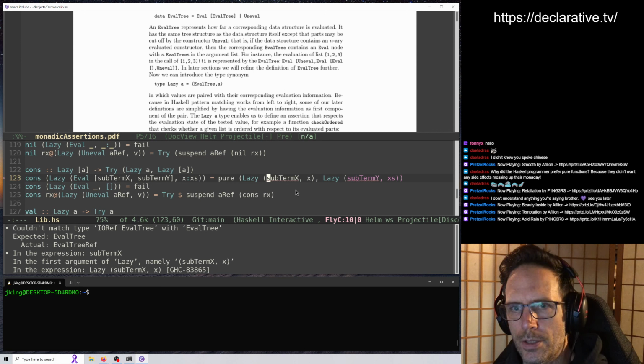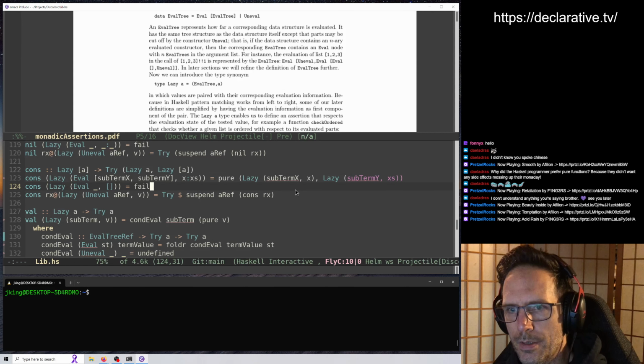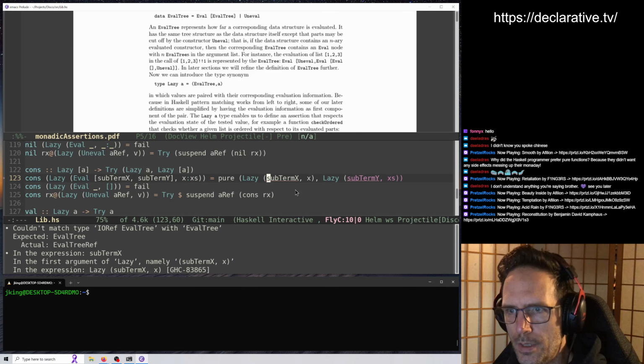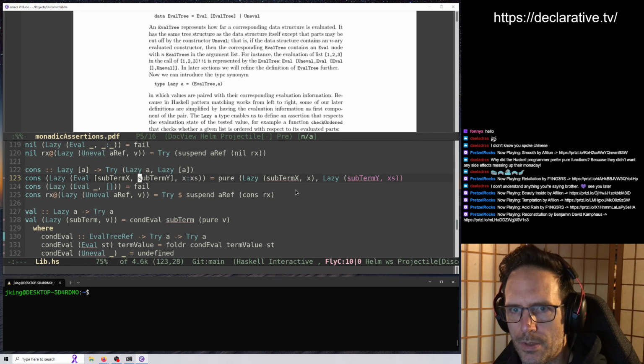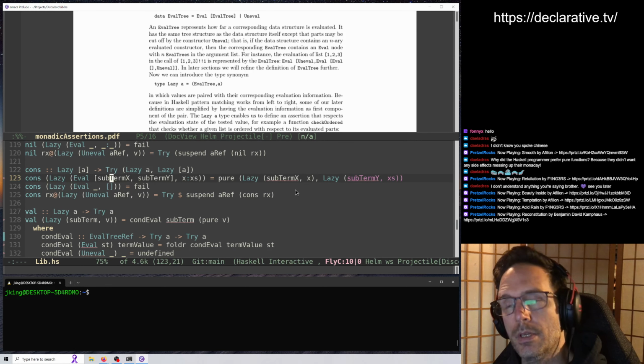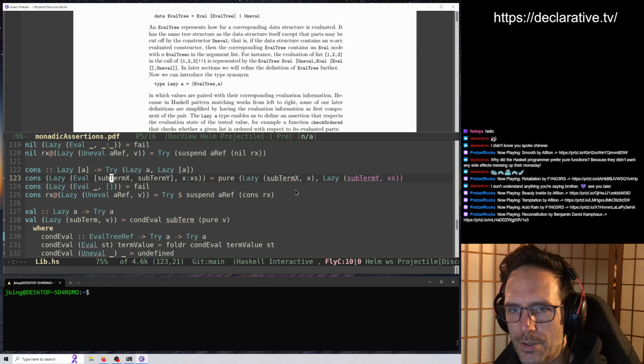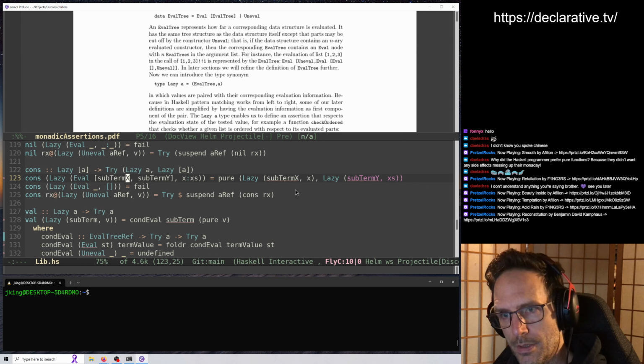Okay, so we couldn't match IO ref eval tree with just eval tree when we pull out the subterms of eval, because, yeah, those are going to be eval tree refs.